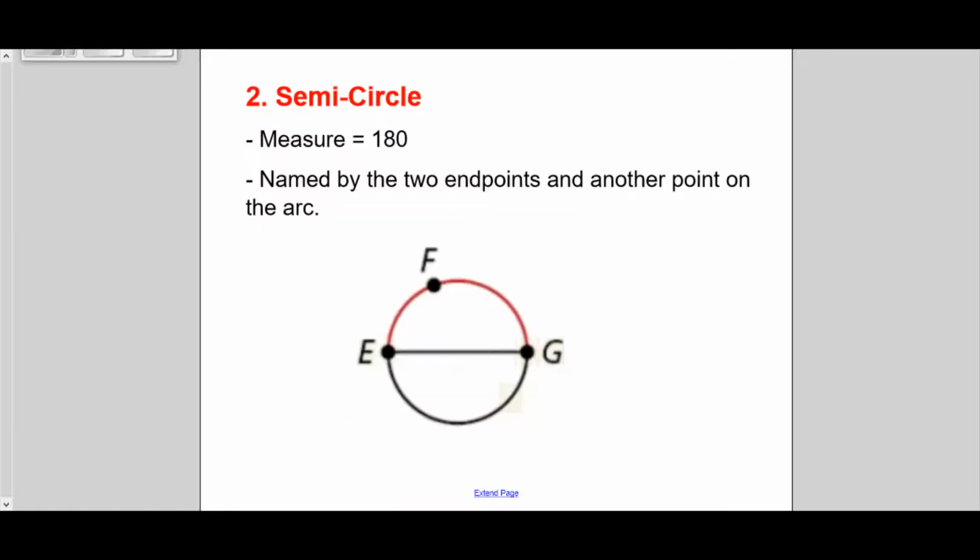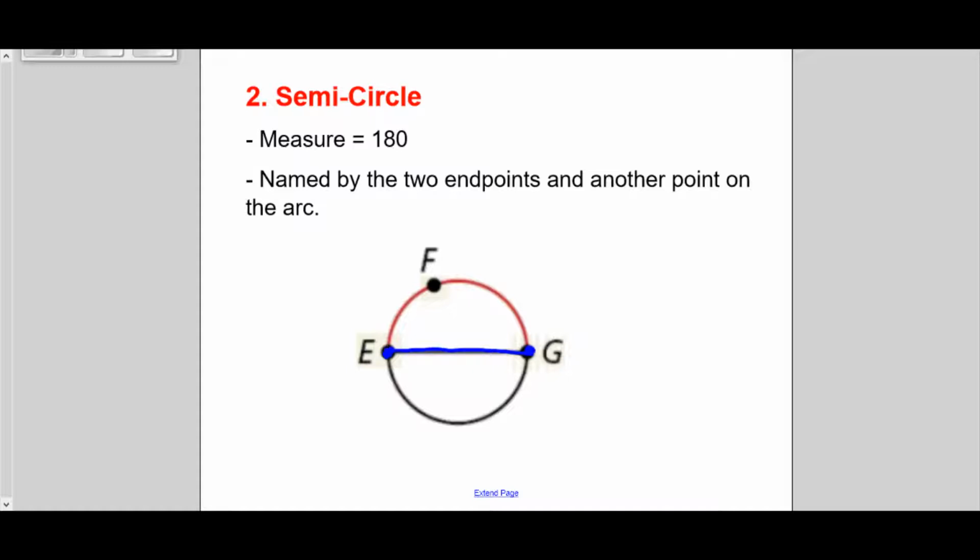The second type of arc is a semicircle. A semicircle basically is just half of the circle. The measure of a semicircle is 180 degrees. We name it by two endpoints and any other point on the arc. So for example, here I have EG. This splits the circle directly into two. So my arc is this top red part.